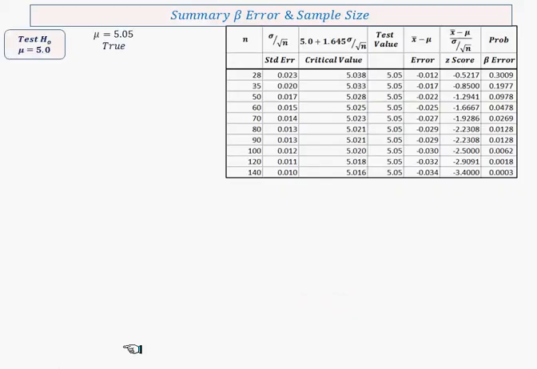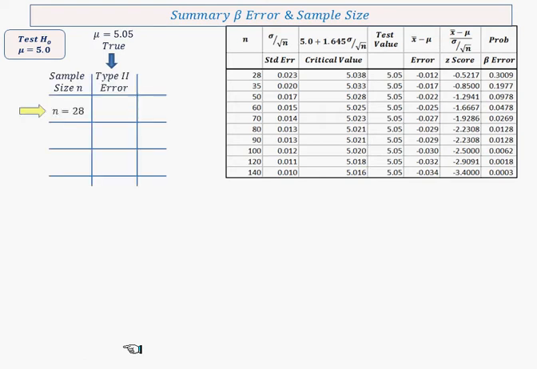Now we're going to look on the screen here at this table of values. We're going to plot these values. Now for n equal 28, the type 2 error is 0.301. It's up here on the screen. So these are just summary values of the previous screen. And there's your beta error there. And for n equal to 50, we've calculated that.